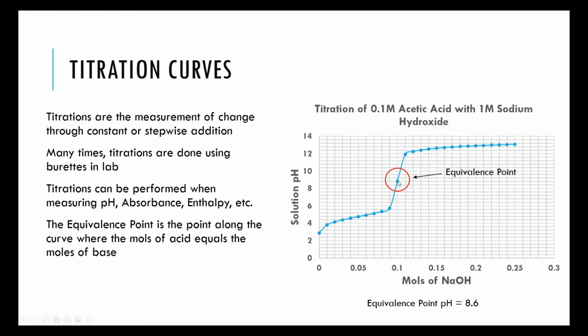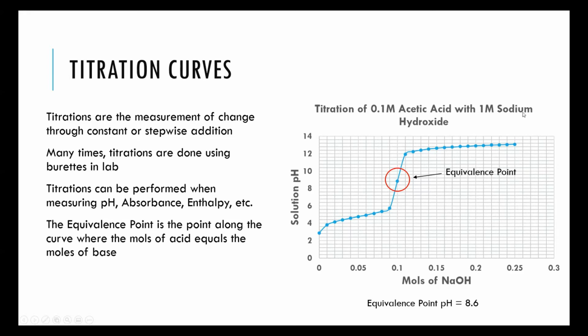That is the pH reading where the moles of sodium hydroxide is equal to the moles of acid that was in the flask. So in this case, here is the exact equivalence point, about 8.25, at exactly 0.1 moles.